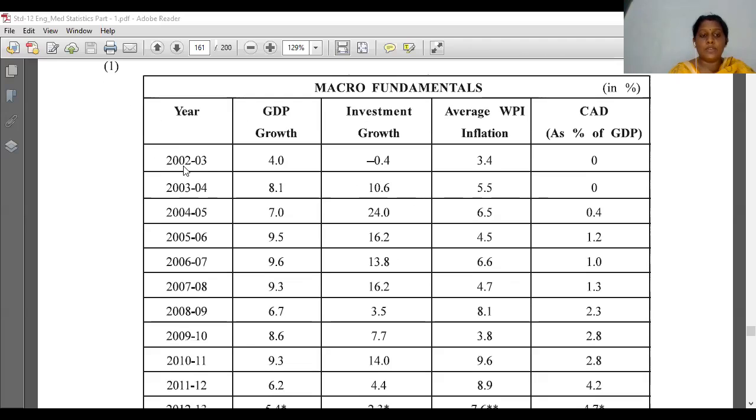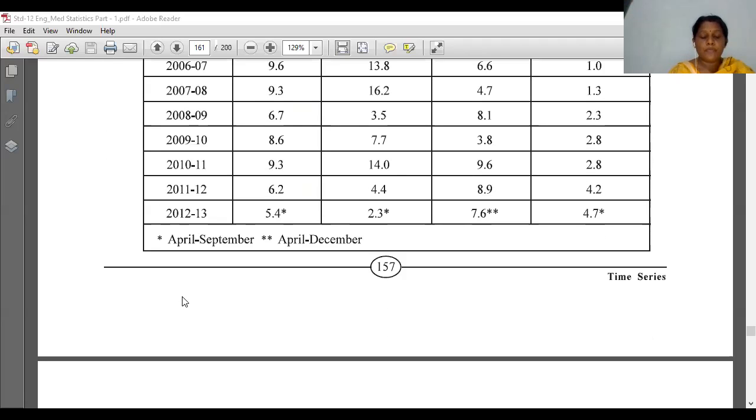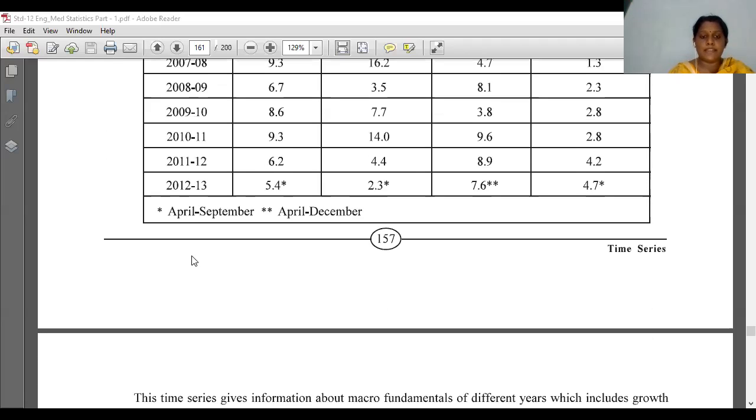See, in the year 2002 to 2003, GDP growth is 2.0, investment growth is this much, average inflation is 3.4, and CAD is 0. So this is one chart. For example, they have given one chart, this one. Based on this is the information of macro fundamentals. So this is also one type of example.